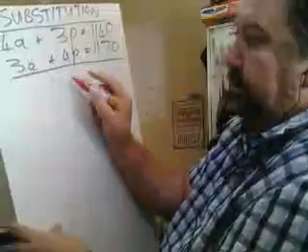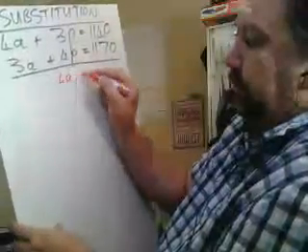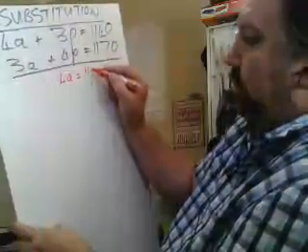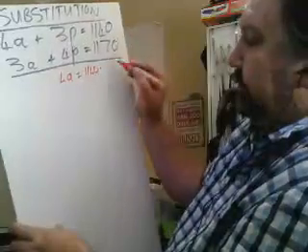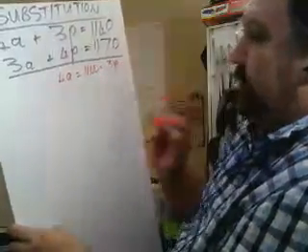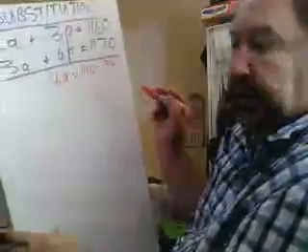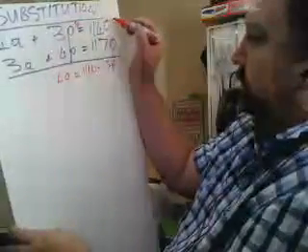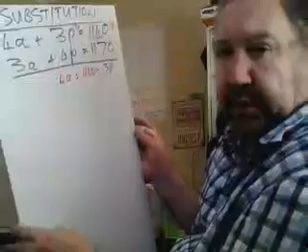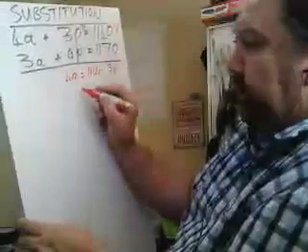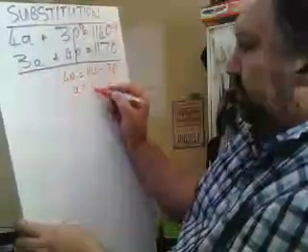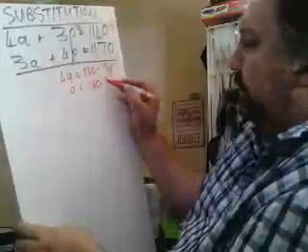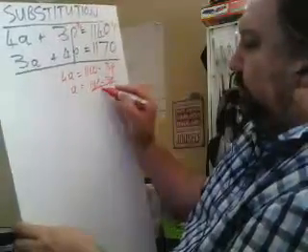So I'm going to say 4a is equal to 1140 minus 3p, because we subtract 3p, and what we do on the one side, we do on the other. So we have 1a is equal to 1140 minus 3p all over 4.